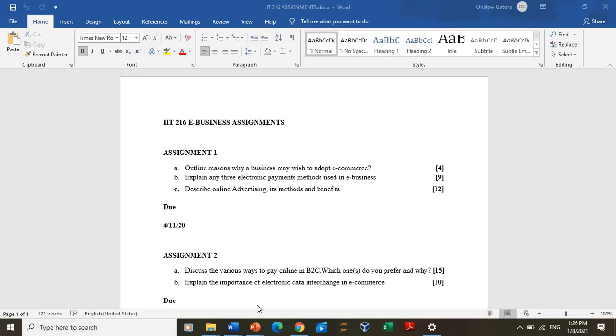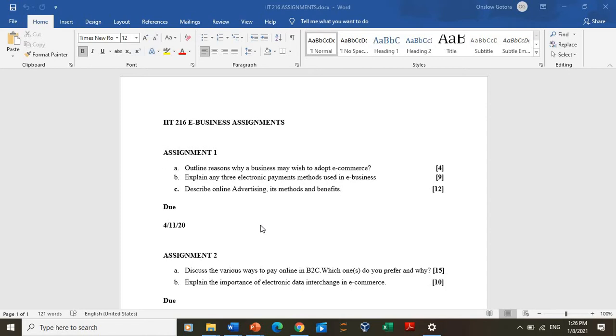Then the other part was describing online advertising, the methods and benefits. This question was structured into three. Number one, you have to describe what online advertising is.